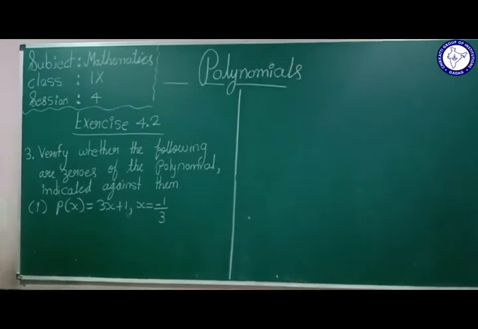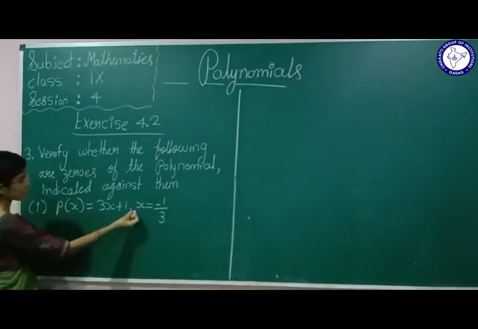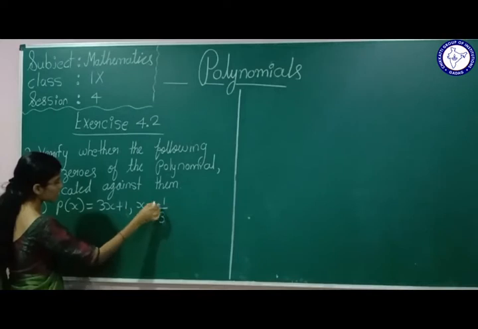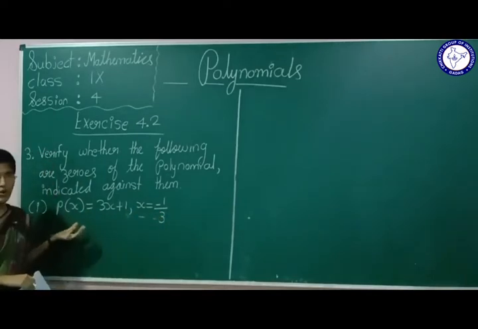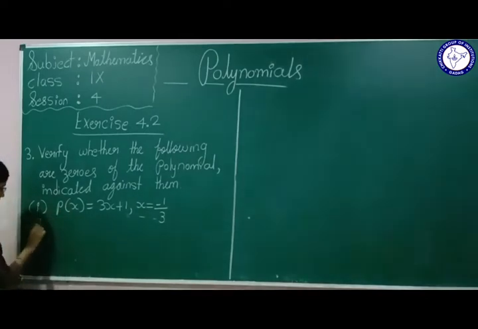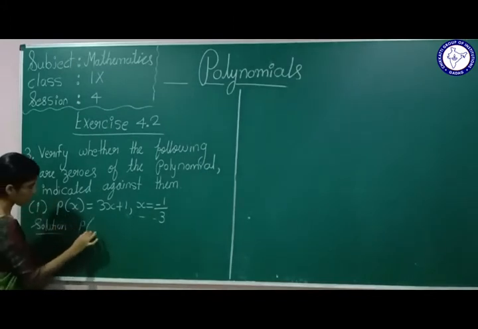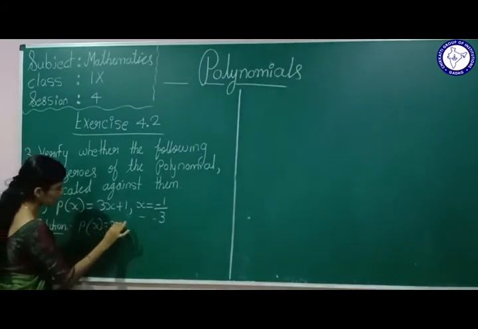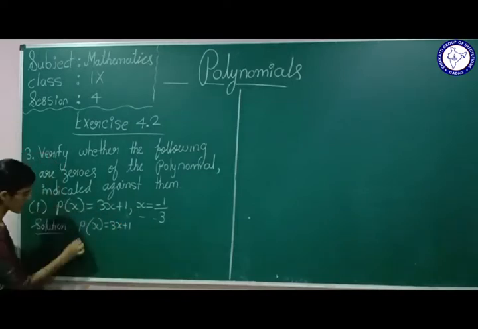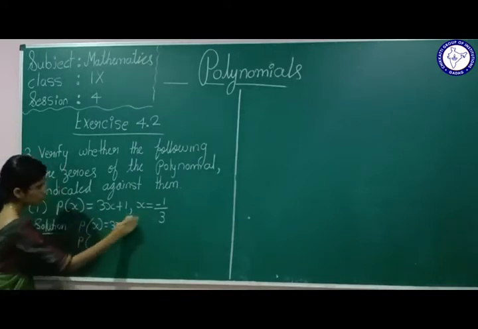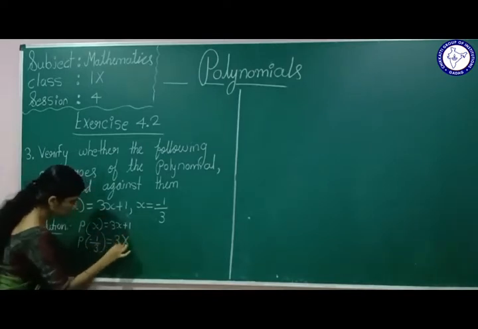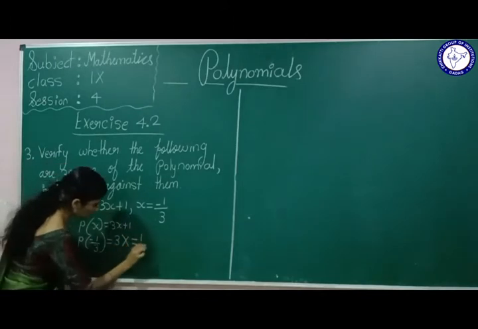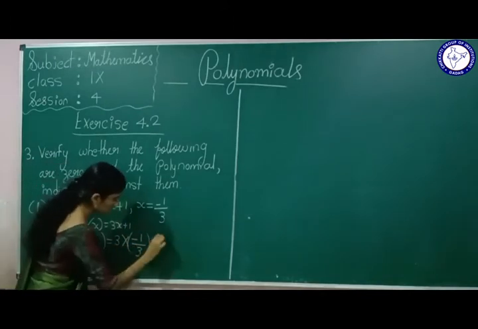Third main, first one. See here. They have indicated that x is equal to minus 1 by 3 is a zero of this polynomial, and we have to find out. Solution: given p of x is equal to 3x plus 1. Then p of minus 1 by 3 is equal to 3 multiplied by minus 1 by 3 plus 1.